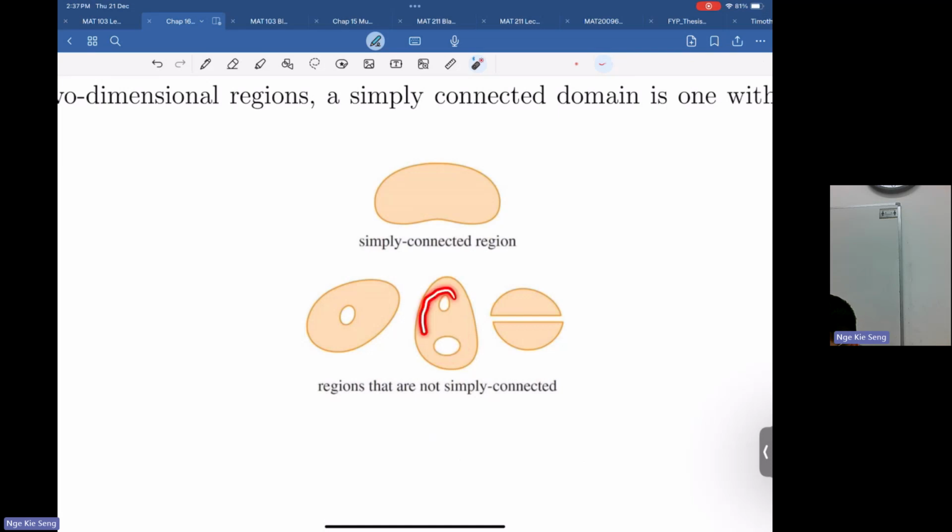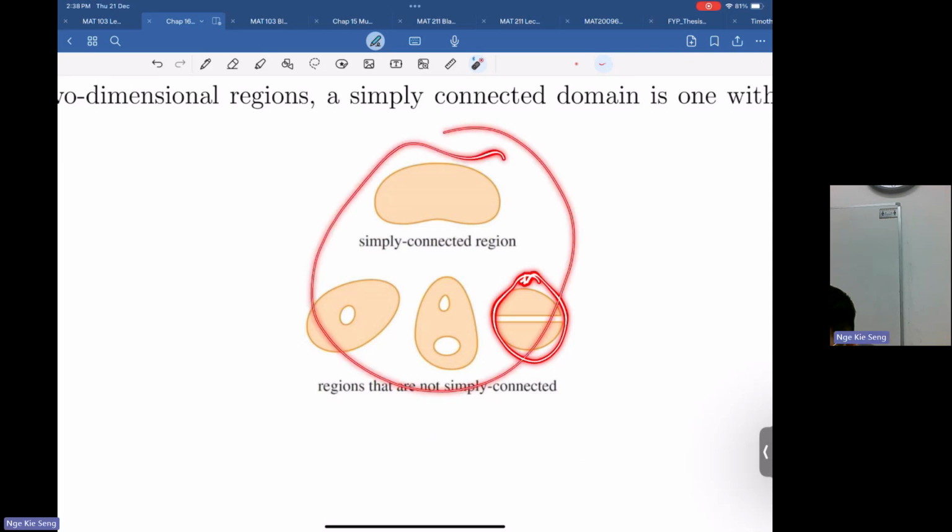If you're going to shrink the curve enclosing two holes here, you can imagine you can do this, and then do this, and then do this. Okay, and then the third one, it is simple, but it is not connected.